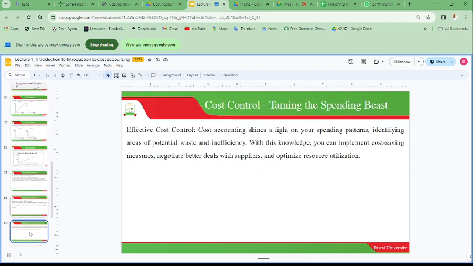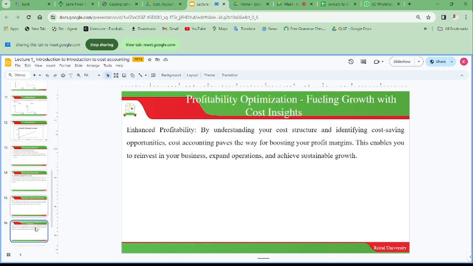And then we have effective cost control. Cost control monitors and minimizes costs. Then we have enhanced profitability.